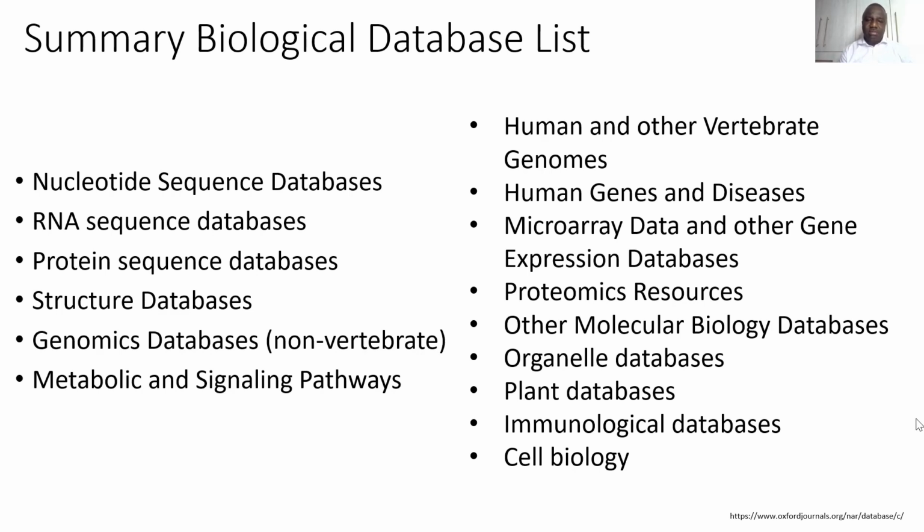Okay, just to mention at this point, if you do an experiment and you're confident of the data that you have, you can actually deposit your data in some of these databases.